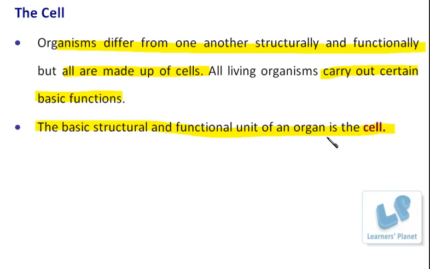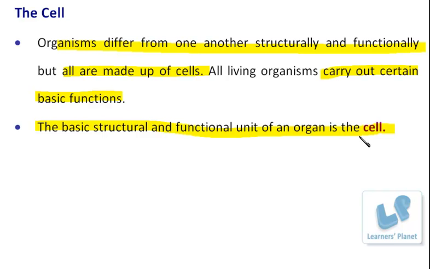So in multicellular organisms, different functions are carried out by different types of cells, tissues or organs. Definitely the cell is going to be of a different kind depending on the type of function, right? And if the function is different, definitely there must be some structural changes also in these particular cells.